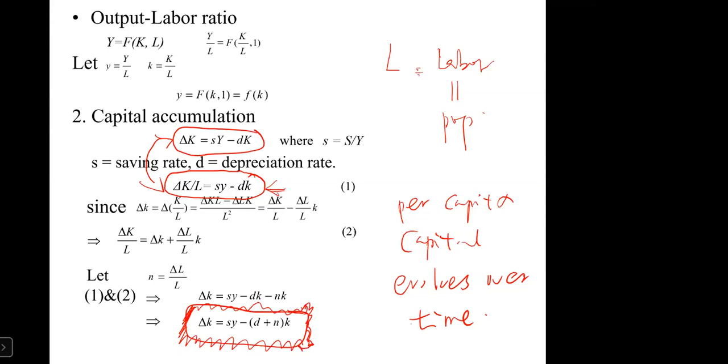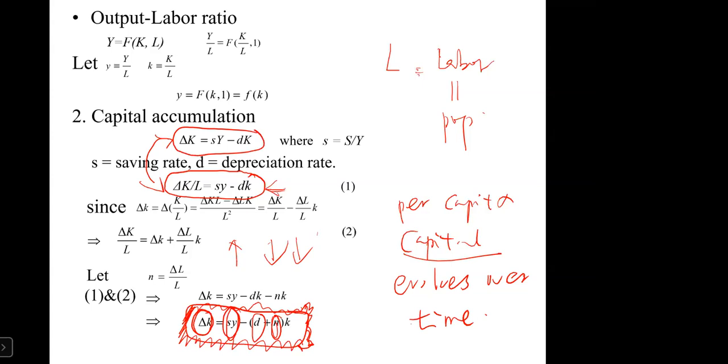So over time, the changes in per capita capital come from three sources. Number one, you save. That's going to increase the capital stock. Number two, depreciation. That's going to reduce the capital stock. Number three, and here is the population growth. It's going to decrease capital stock per capita, essentially because of dilution.